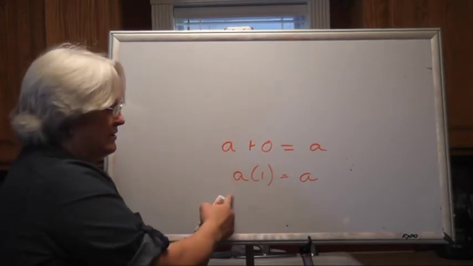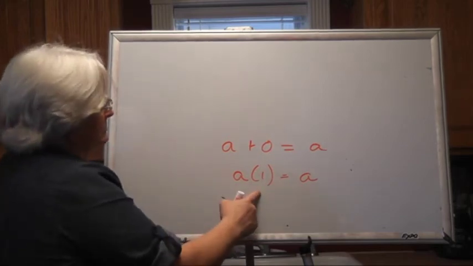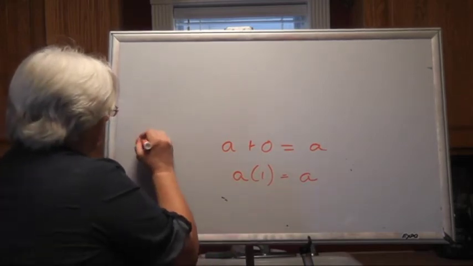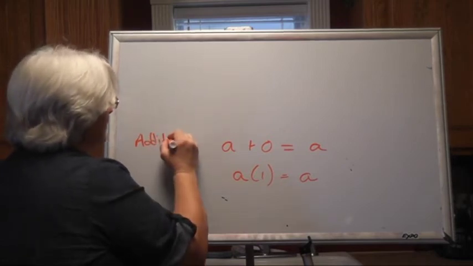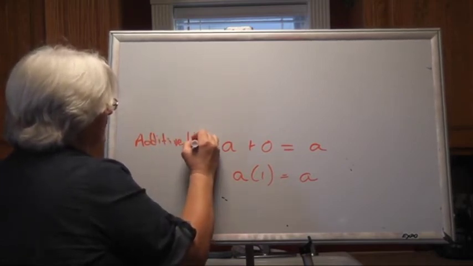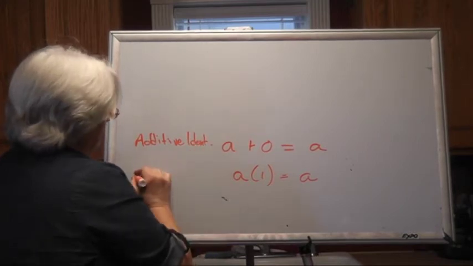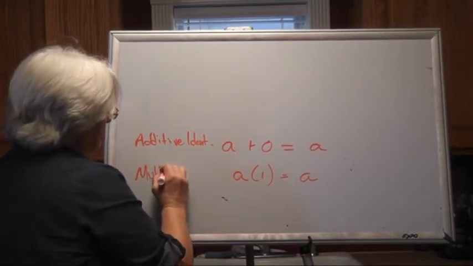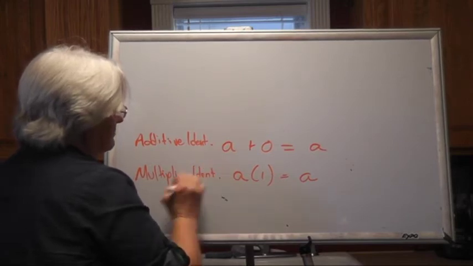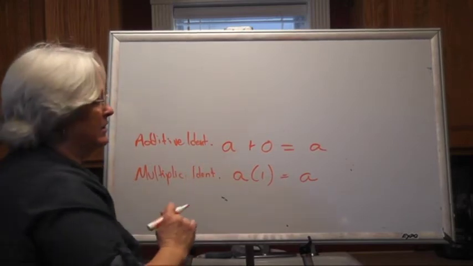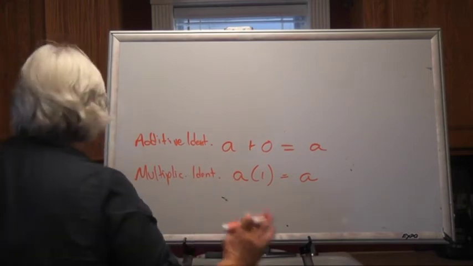The multiplicative identity, you multiply something by 1. I'm sorry. Additive identity, multiplicative identity. Don't change these values.